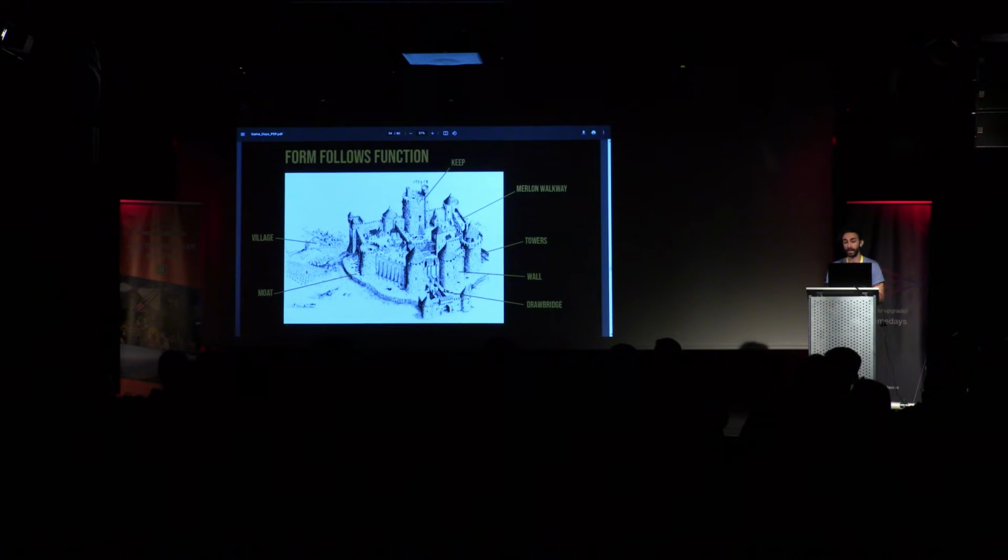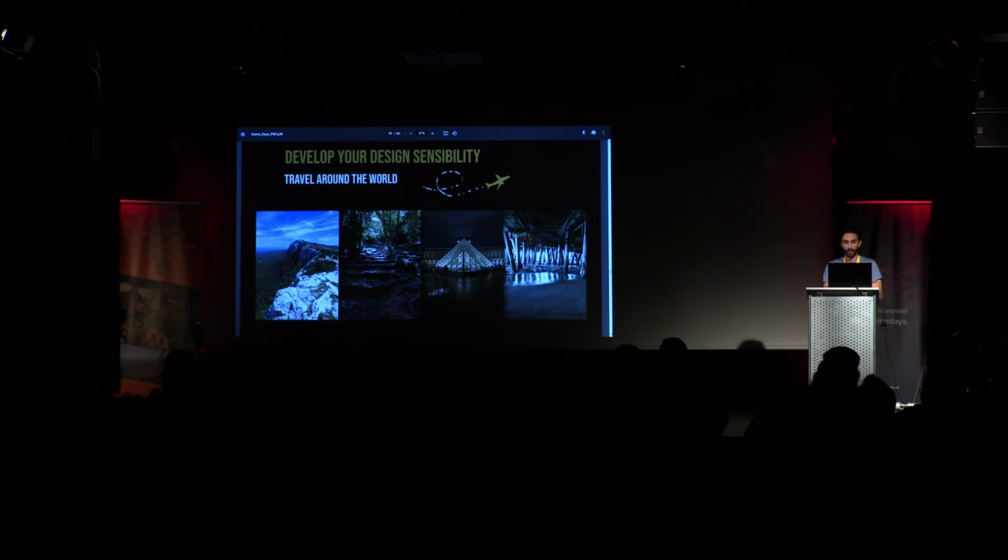And the keep is really the highest point because this is where we want to defend the king inside the castle. So the function of this castle made it look this way, right? And obviously it's made out of stone to be sturdy, not out of wood or something that could be destroyed easily. Just to say that everything has a purpose.